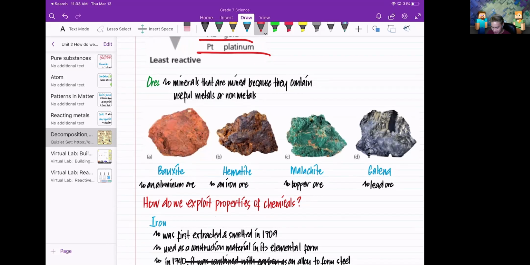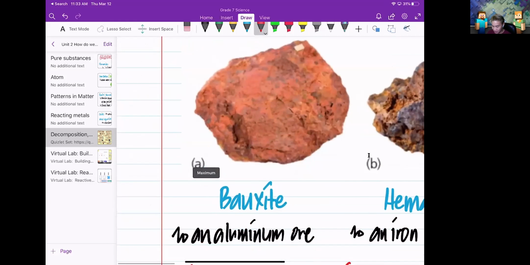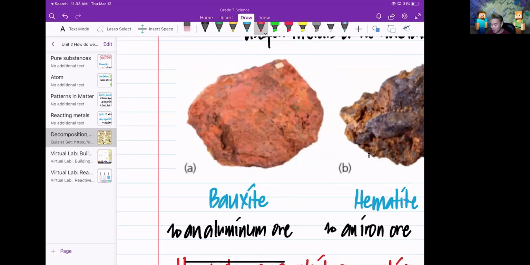So bauxite is an aluminum ore. So it means that aluminum is extracted from bauxite. Bauxite is the world's main source of aluminum, and it consists mostly of the minerals like gibbsite, boehmite, and diaspore mixed with the two iron oxides.